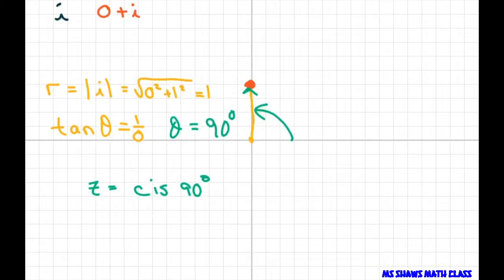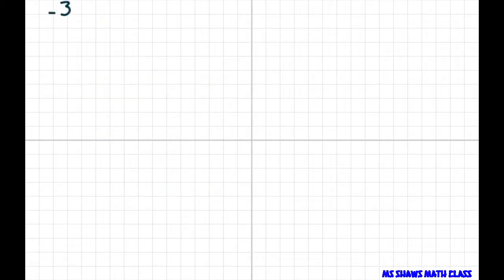All right, the next one is this one. In this one, we're going out -3. 1, 2, 3. So it's -3, and that's your coordinate. And if you do the Argand diagram, you can draw it this way. So we get r equals the absolute value of -3. This is really -3 plus 0i.